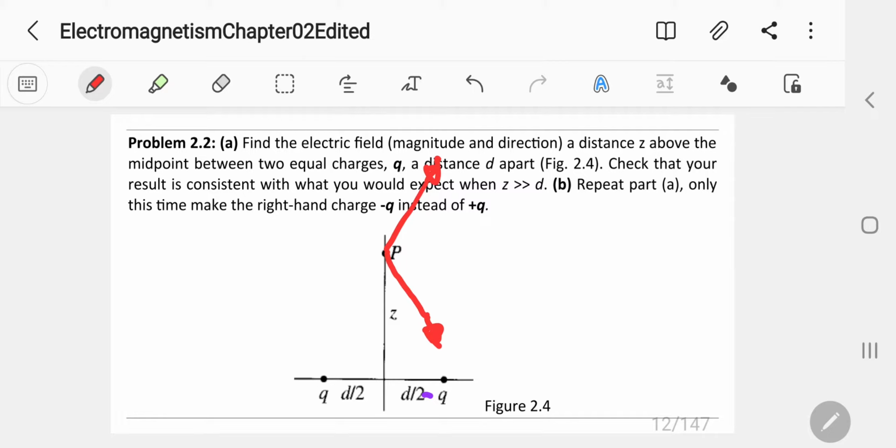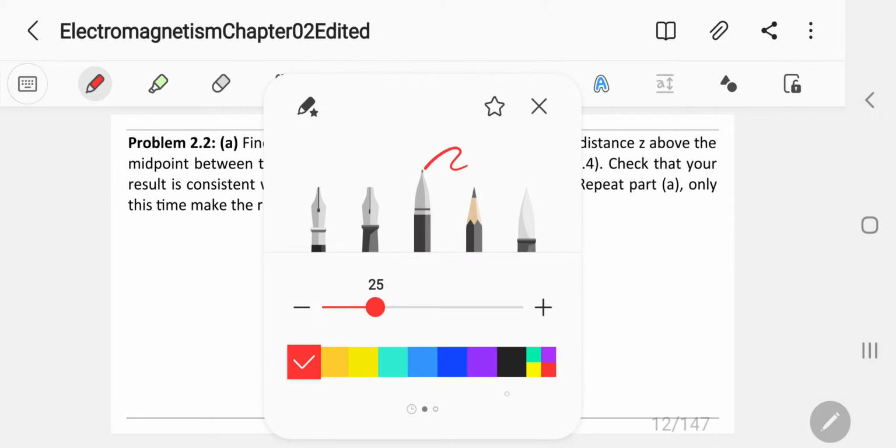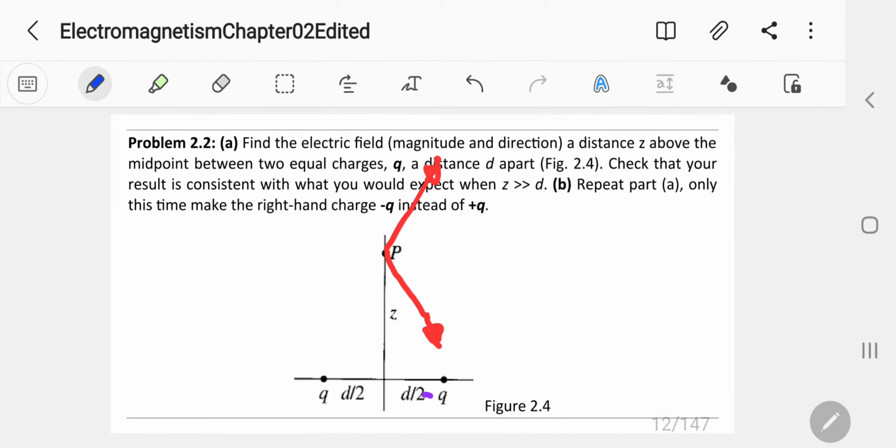So in this case, what happens? The y component cancels and you only have the x component here. So this is now the electric field.